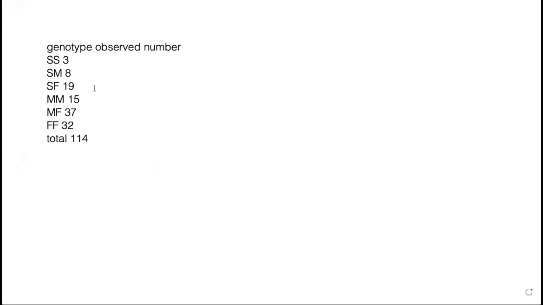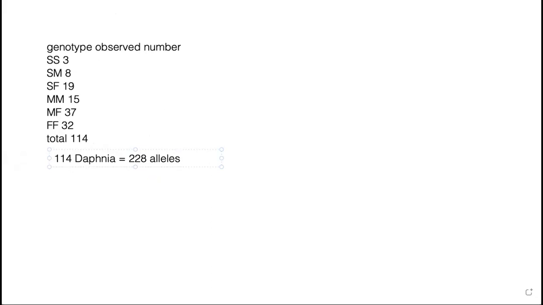I won't read all of that, but there's a total of 114 Daphnia that he sampled. Okay, if there's 114 Daphnia, that means there's 228 alleles. Each Daphnia has two alleles.